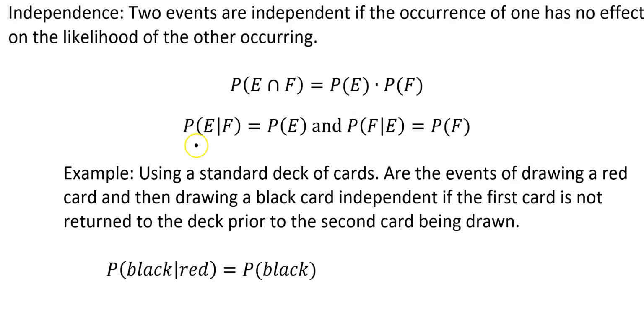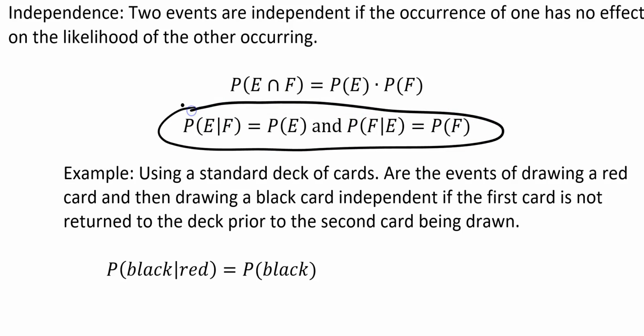Let's move on to the probability of E given F. So this second line is also allowing us to determine if two events are independent. And notice this "and" clause in the middle. So both of these equations must be true for two events to be independent.